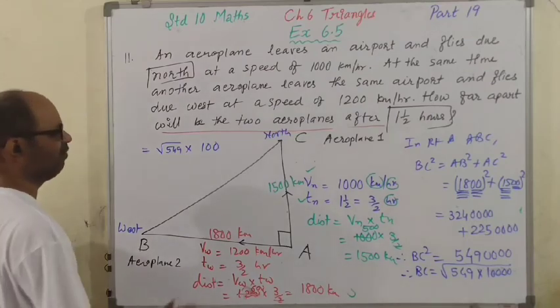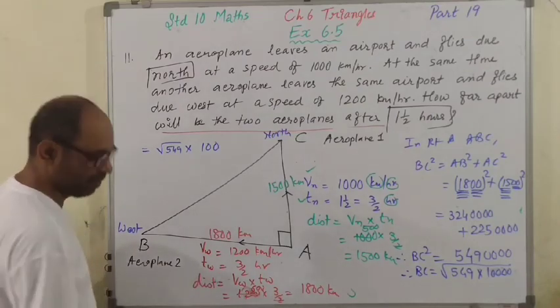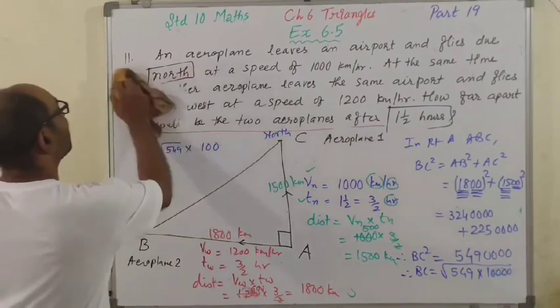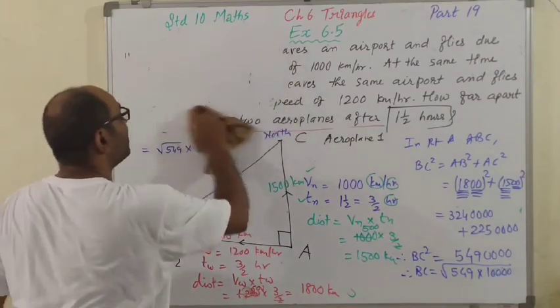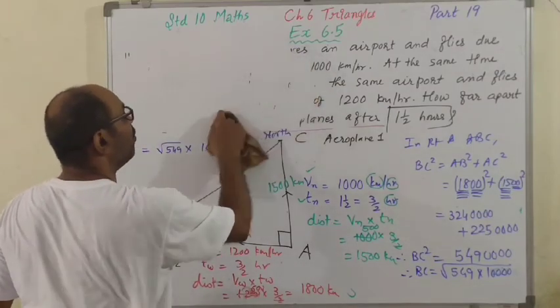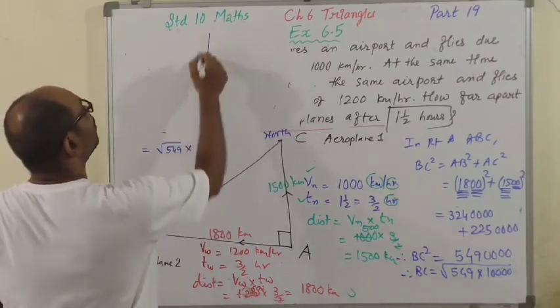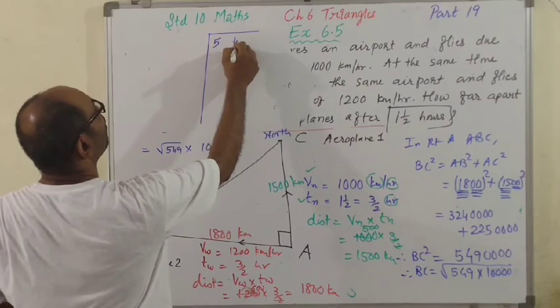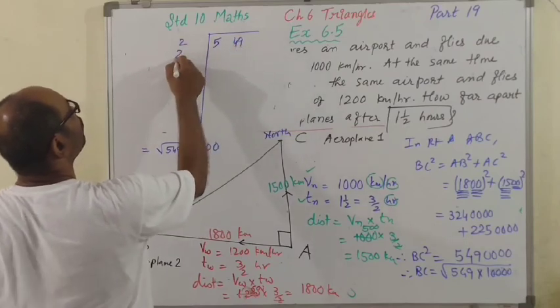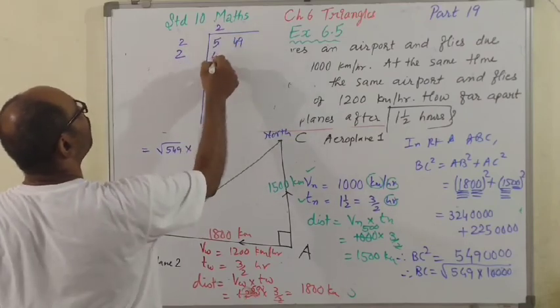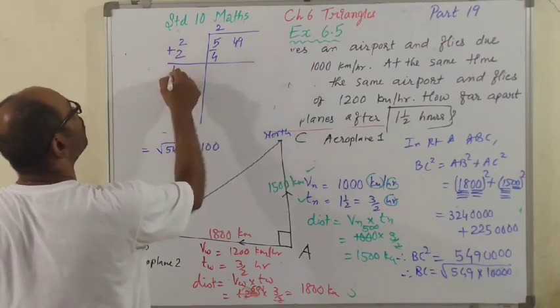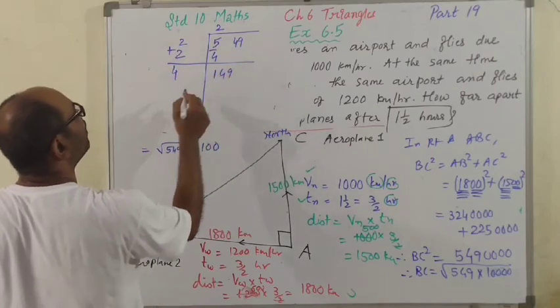Now what is the square root of 549? That has to be done by the division method. We practiced it in 9th. In one video, in the first chapter, I showed you how to find the square root of a number. Now pairing: 2 2s are 4, subtract, and bring down 49.